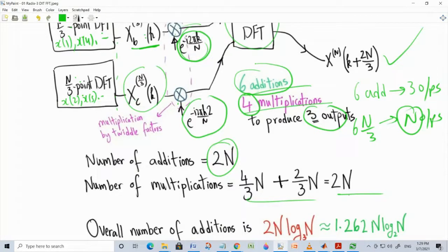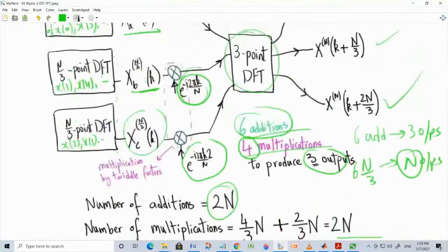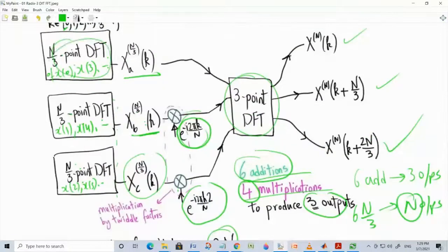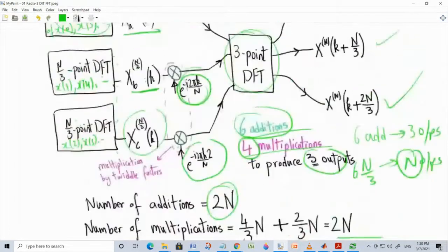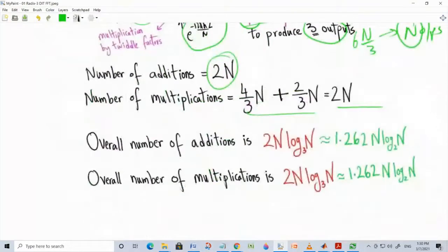Then you can do something like in the previous lecture, and then you ask yourself, how can I implement this block? Well, you will repeat the same idea. And again, if you do things in detail, you will find that you need this number of additions and multiplications at each stage, and overall you have log n to the base 3 stages, and so this will be the overall number of additions and multiplications.